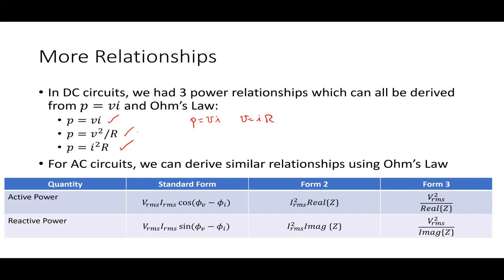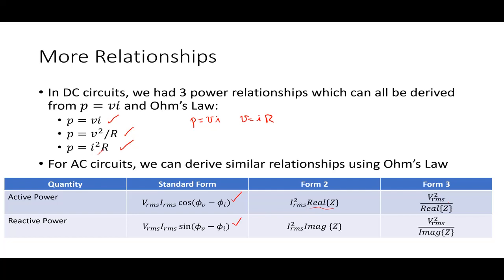For AC circuits, you can use Ohm's law to go from my standard form to two other forms, which look really similar. So in DC circuits, I had I squared R. In this case, I can use for active power I RMS squared times the real part of the impedance.